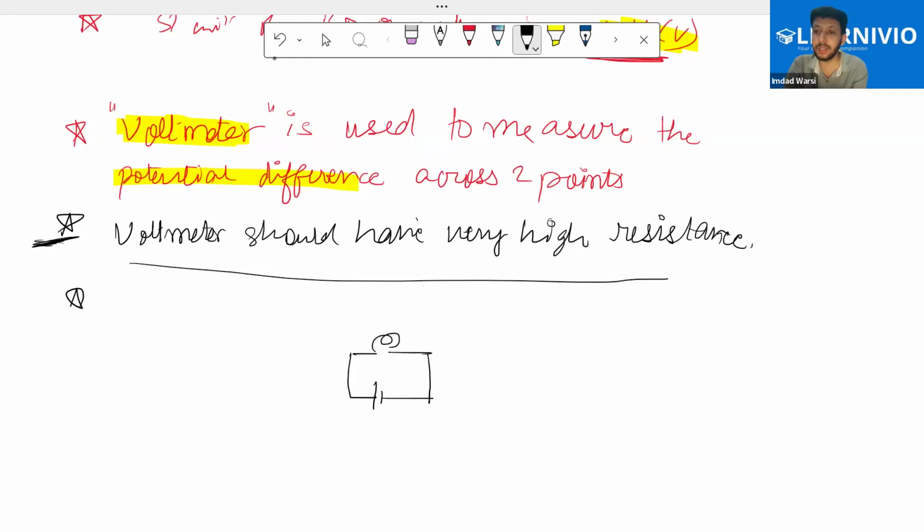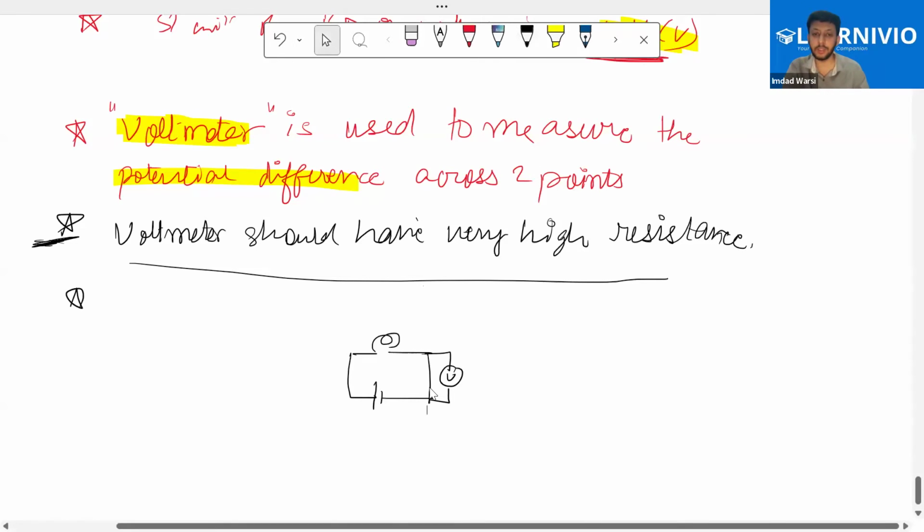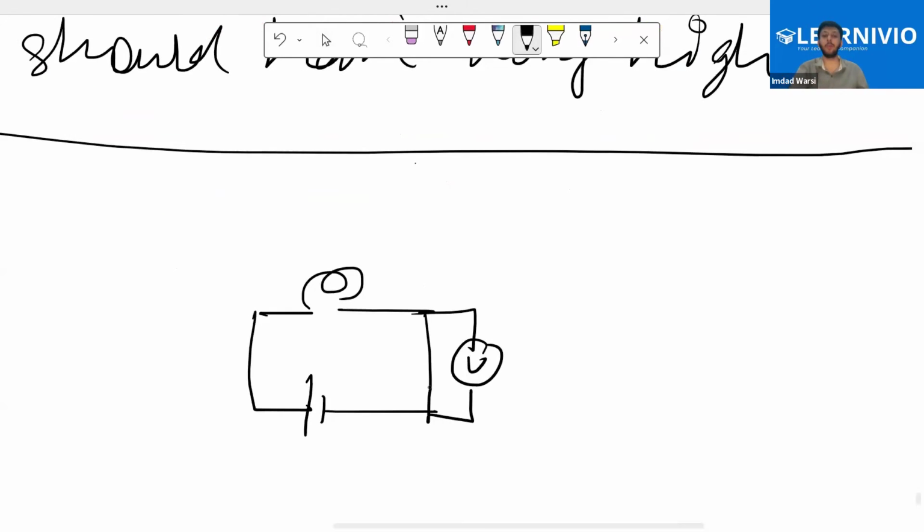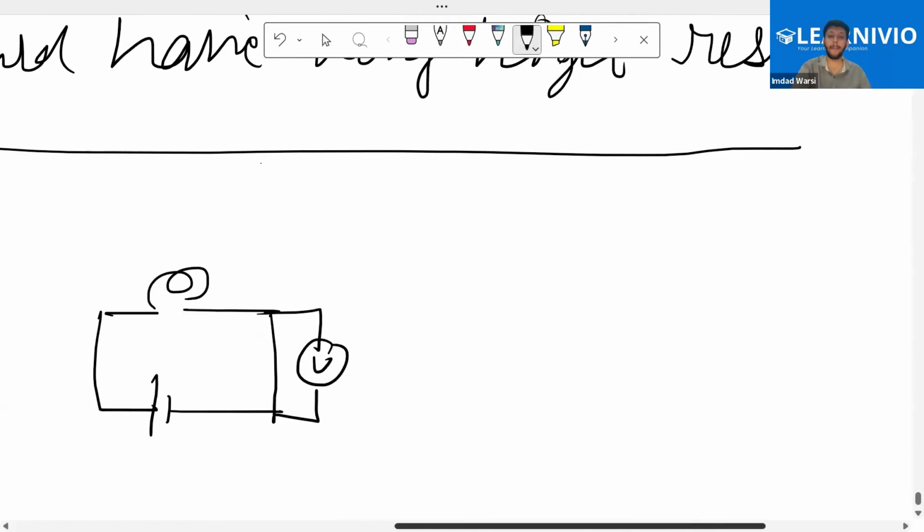In parallel. You know the meaning of the word parallel, which means if this is the circuit, we connect the voltmeter like this. It's called parallel. I'm connecting the voltmeter in parallel.